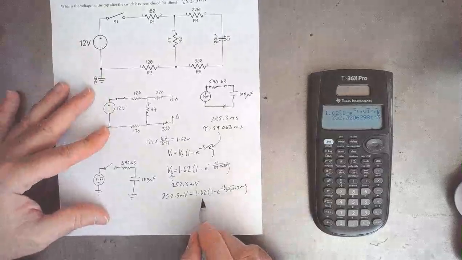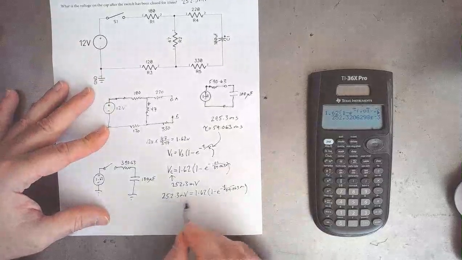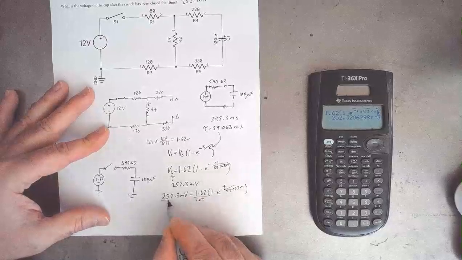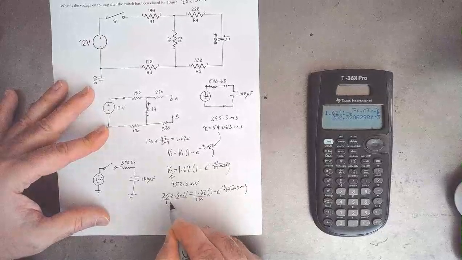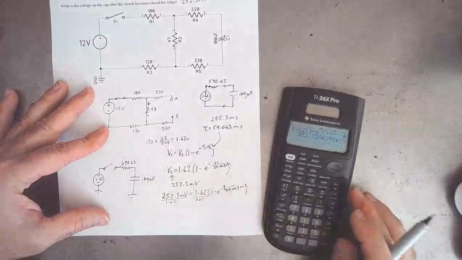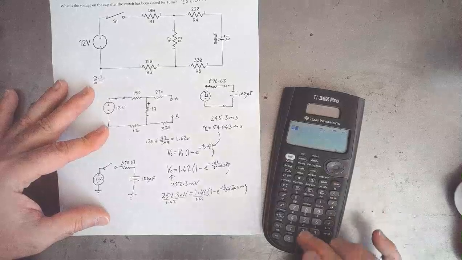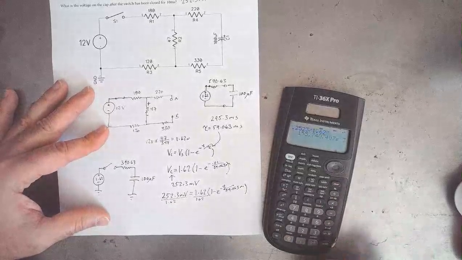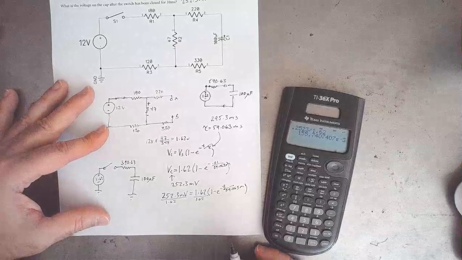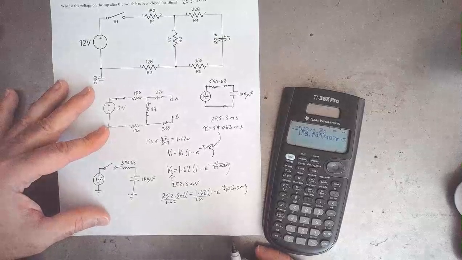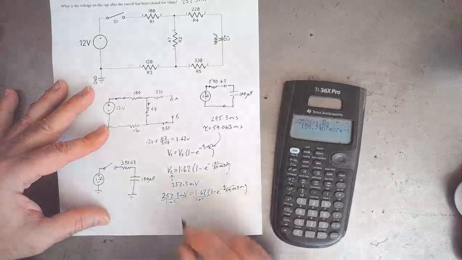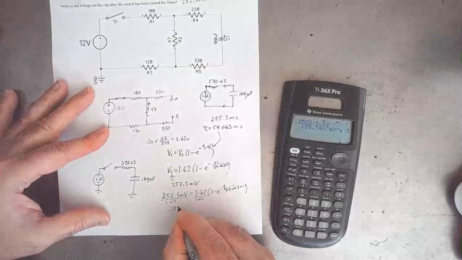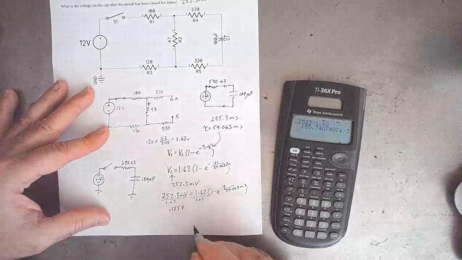So let's do the algebra. So the first thing we're going to do is we're going to divide both sides by 1.62. So 0.2523 divided by 1.62 is 0.1557. So 0.1557.